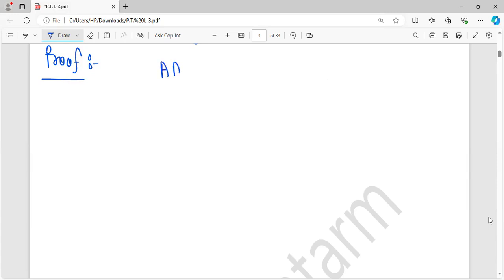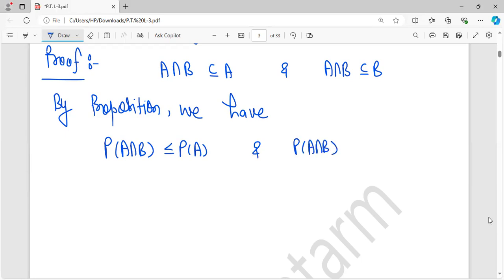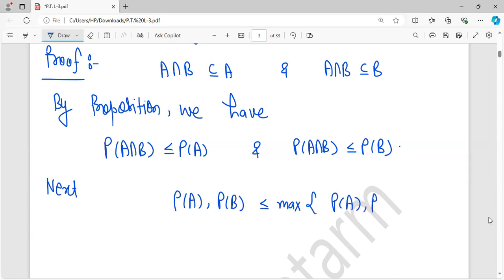You see that A intersection B is a subset of A, and A intersection B is also a subset of B. So by the proposition, we have probability of A intersection B is less than or equal to probability of A, and probability of A intersection B is less than or equal to probability of B. Now PA and PB are both greater than the minimum of PA, PB.